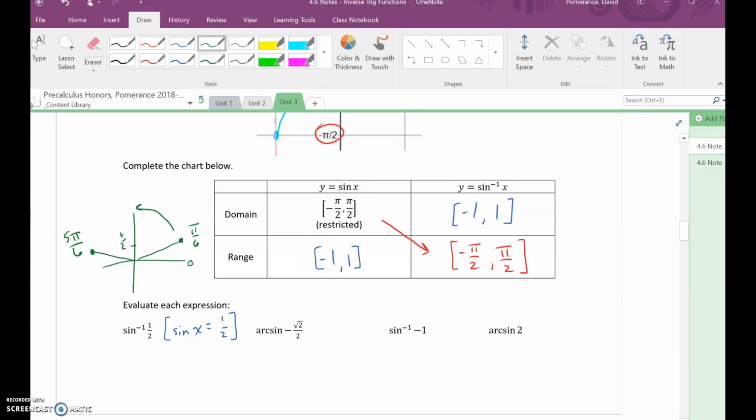The sine of 5pi/6 is also 1/2. And then we keep on going, we get -1/2 down here, so we don't do that again. But we do hit the pi/6 again later on at, I guess it would be 13pi/6. Right? Coterminal to pi/6. And we also have, etc., bigger and bigger values and also smaller and smaller values.